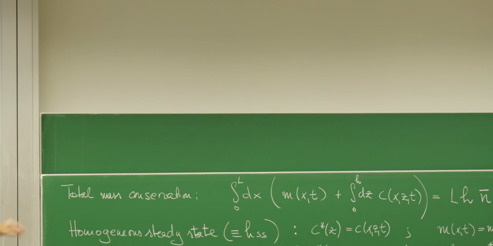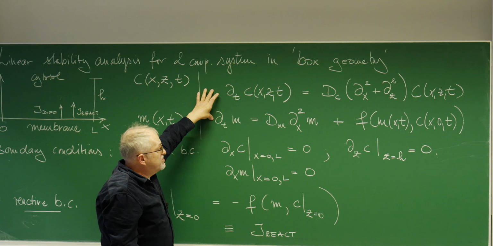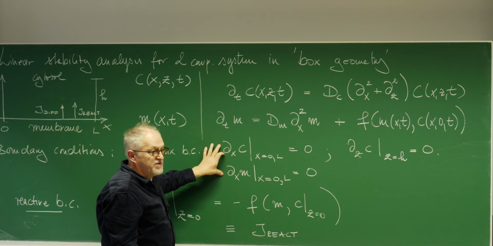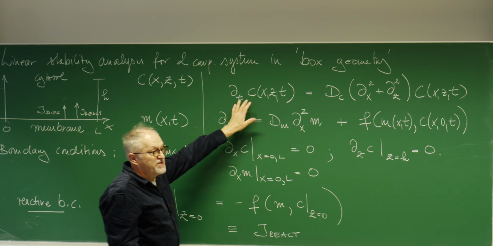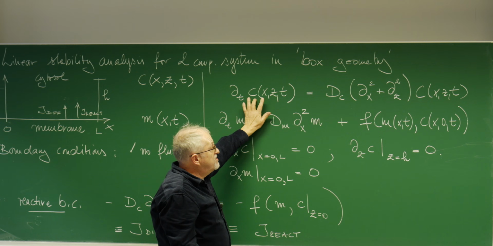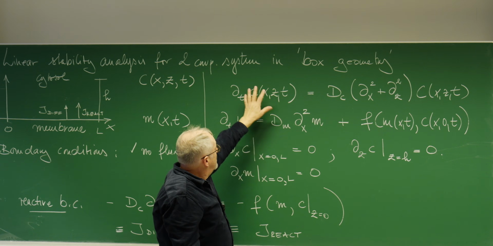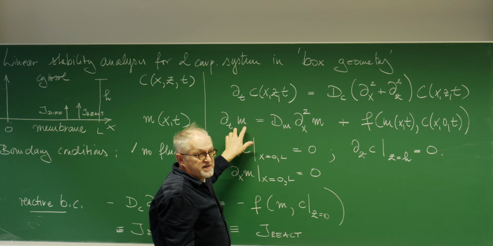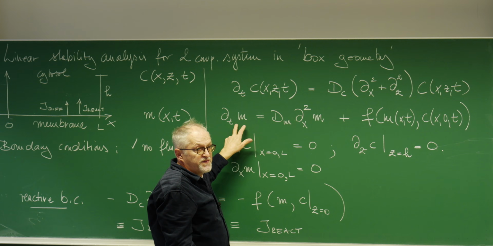So let's now look back here at the left-hand side. These are our two equations of motion. These are our boundary conditions. This is our reactive boundary condition. What I have to do is I have to insert my linearization ansatz right here and at all the boundary conditions. You see here on the left-hand side where you have a diffusion, time derivative, the constant term cancels out.